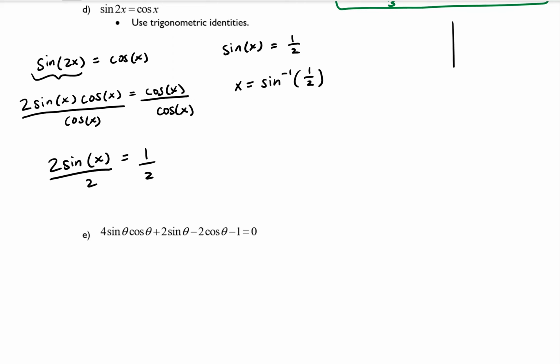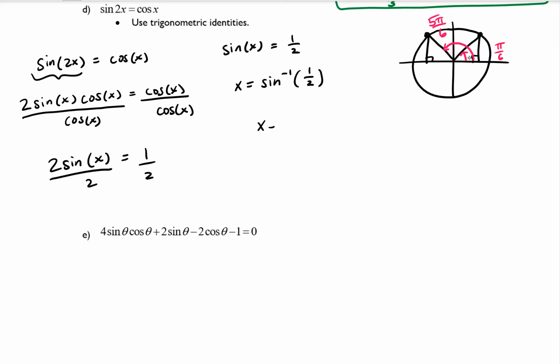And if we draw this on our unit circle, sine is going to equal 1/2 in quadrant 1 and in quadrant 2. So our goal is to figure out these two angles. So that happens here at pi over 6, and then happens again here at 5 pi over 6.